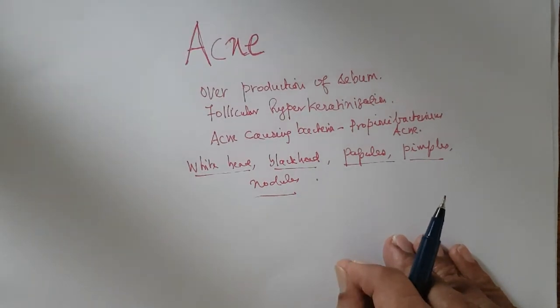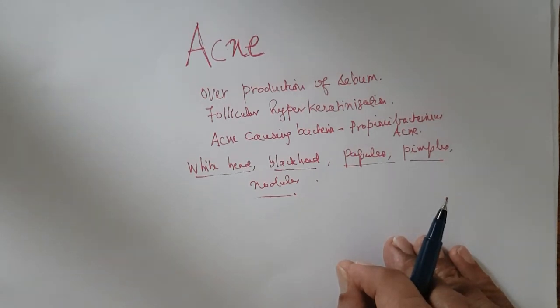Then small red tender eruptions are called papules. Okay, so now as it gets infected more and more, the blood vessels flow there, the pus cells flow there, and then it causes pimples, which are papules with pus at their tips.